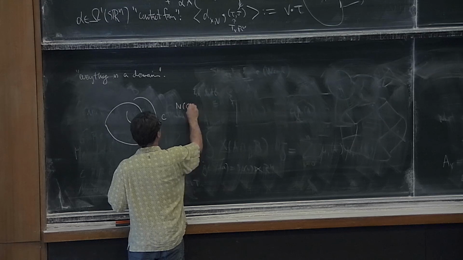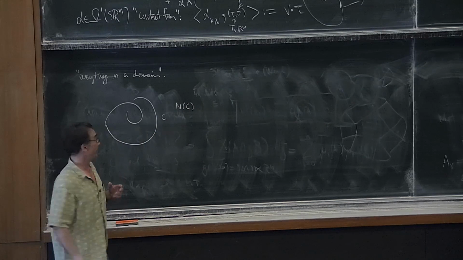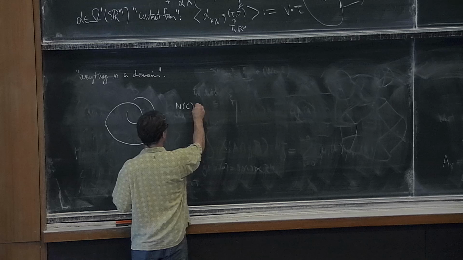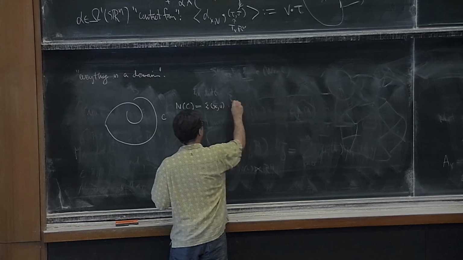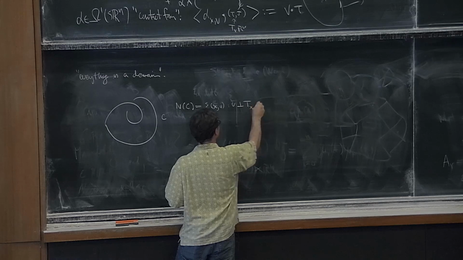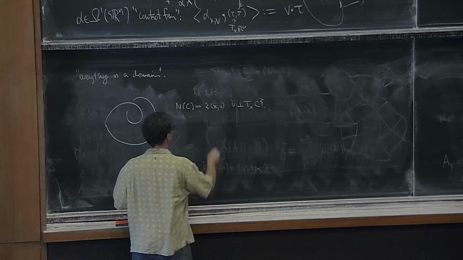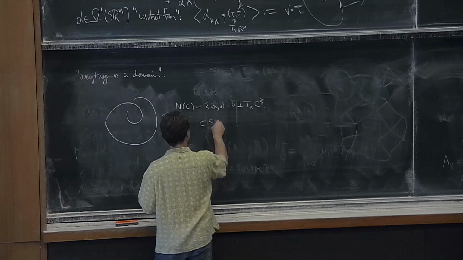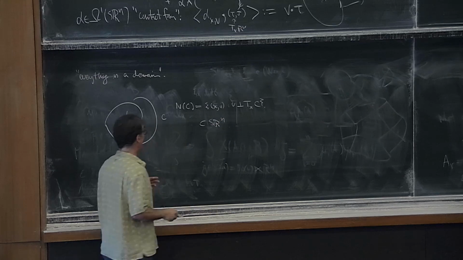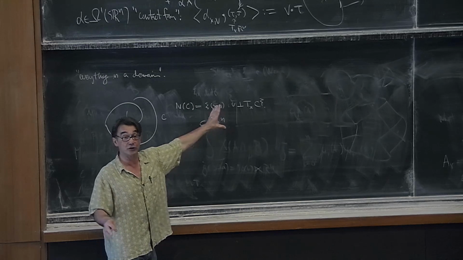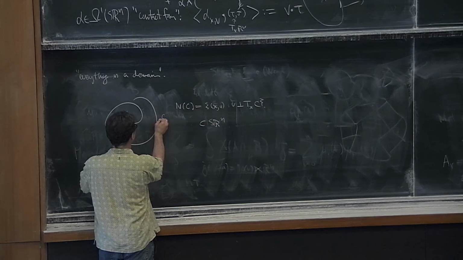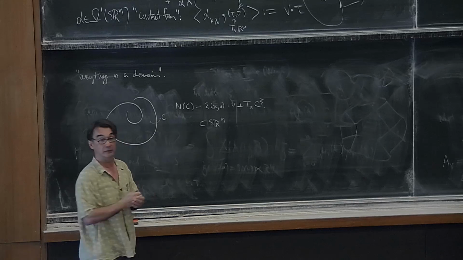I can still think of n of C. Well, now this is some manifold, so now V is perpendicular to the tangent space. Okay, so again, this is inside SRN. Okay, and you can do exactly the same procedure. So now, of course, the fiber at each point is a little circle. Okay.